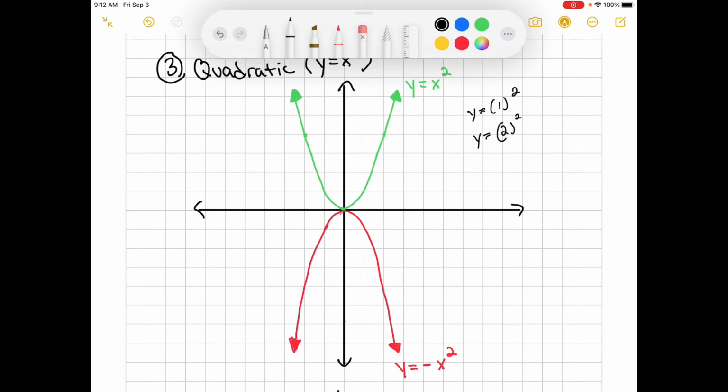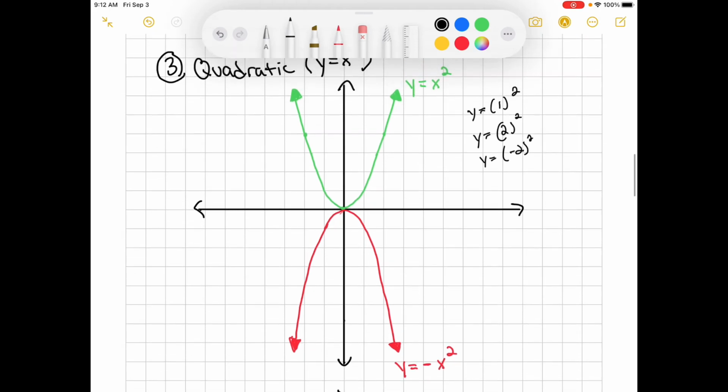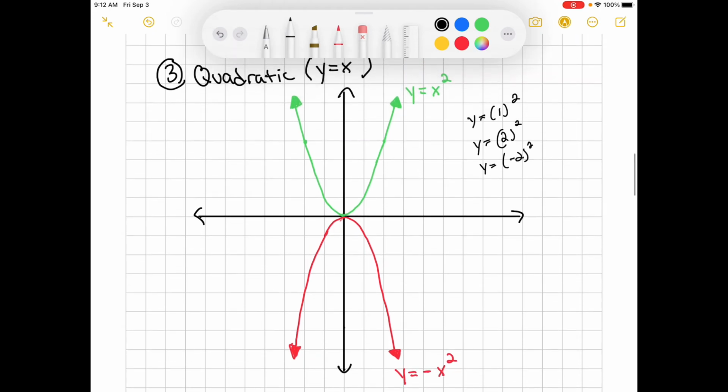So that's why we have the coordinate 2 comma 4. Or if you plug in a negative 2, that's also going to give me a positive 4. So you've got negative 2, positive 4. So whether you plug in positive numbers or negative numbers, you're going to have a positive output. But if you have a negative out front, that would make everything negative. So there's the quadratic parent function.